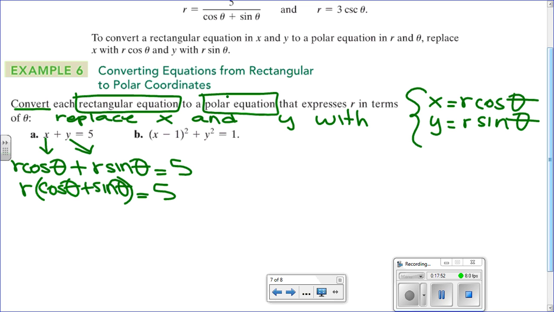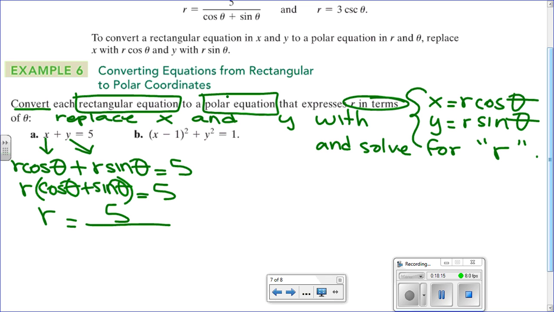Then it says to express r in terms of theta, so we're solving for r. The stuff in the parentheses is multiplying the r, so we take it across and divide: r equals 5 over cosine theta plus sine theta. And that's it.